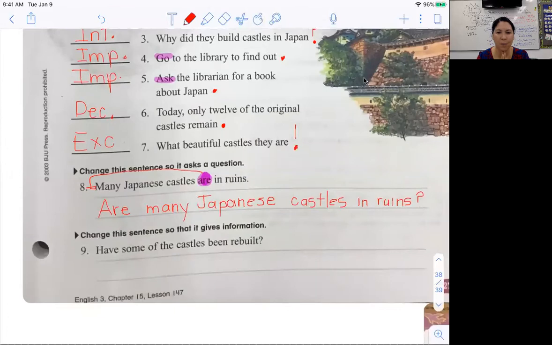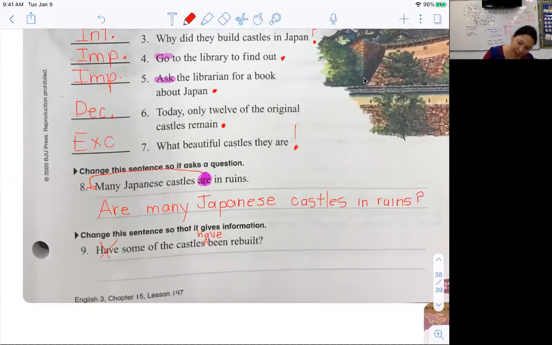That sounds weird. Well, I'm kind of giving it away here because my brain is fixing it. Some of the castles have been rebuilt. Yes, that sounds good.